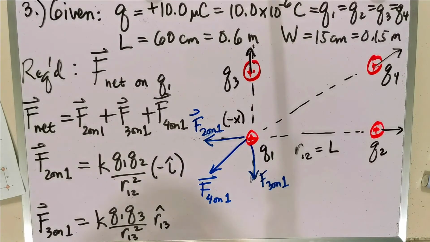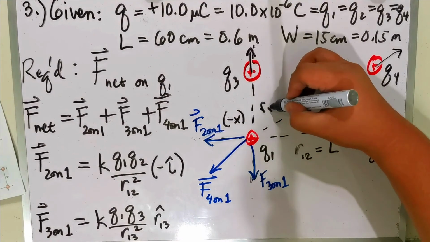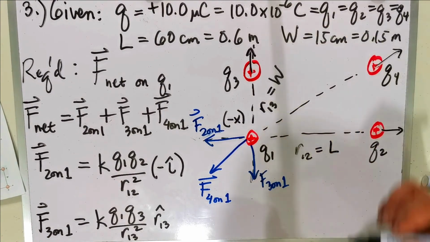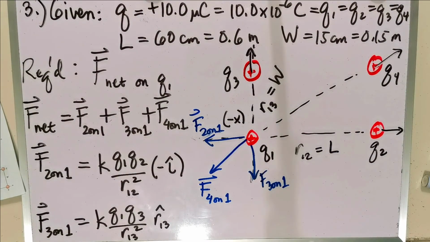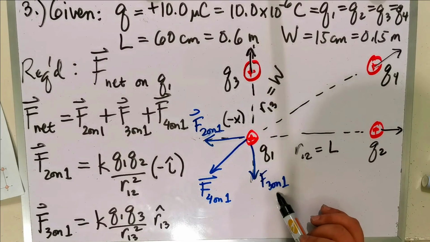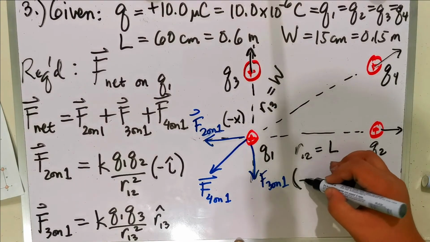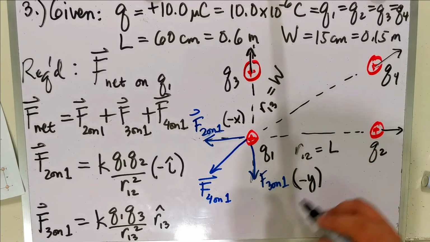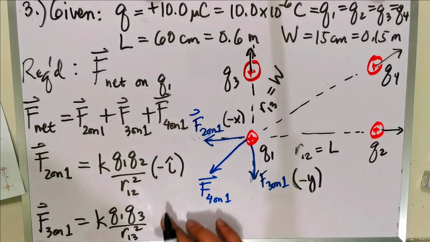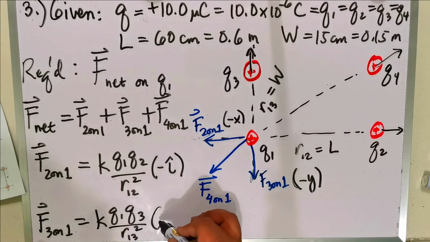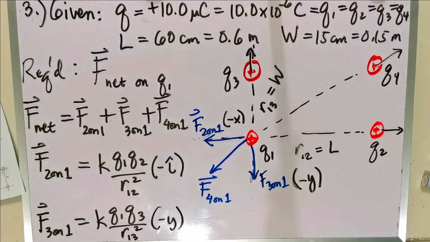In this case, our R13 would be equal to the width. But as you can see, the direction of the F3 on 1 would now be equal to negative Y. So instead of negative R13 hat, we change this with negative Y.